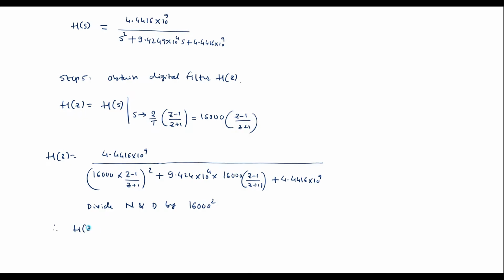Therefore, I can get H of z equal to, on the numerator by dividing by 16,000 square, we get 17.35, divided by, here the 16,000 square gets cancelled and only this term remains, that is z minus 1 divided by z plus 1 square, plus, dividing 9.424 into 10 power 4 by 16,000 gives 5.8906 into z minus 1 divided by z plus 1, plus dividing this by 16,000 is nothing but 17.35.